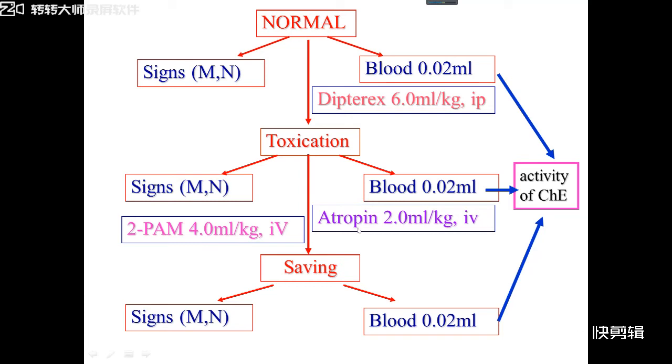And we use 2 drugs to save the life. One is atropine, the other one is PAM chloride. After we save the life successfully, we observe the M and N signs again, and we also take the blood a third time to observe the activity of cholinesterase.